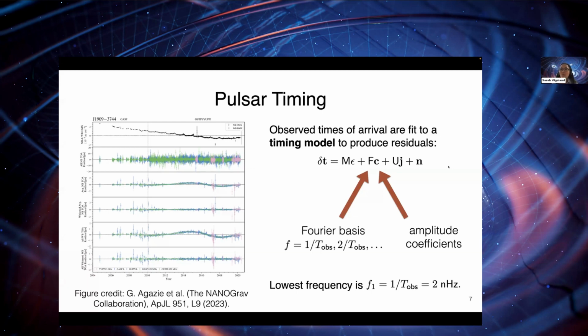At some point, you're going to truncate that sum. You're not going to actually have an infinite sum, which is fine because by definition, red noise has more power at low frequencies than high frequencies. So if you move to high enough frequencies, the strength of your red noise is going to be very low. The C's are a vector of coefficients for each of your Fourier modes.